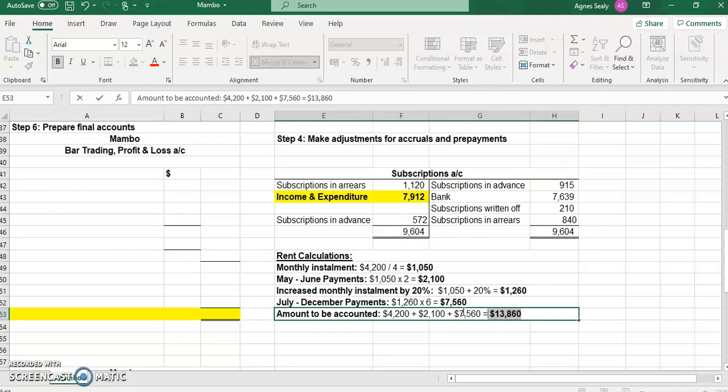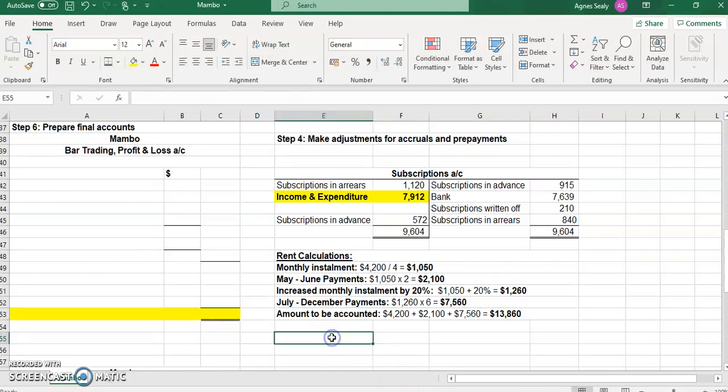The question stated that the organization paid $10,000 in rent during the financial year. So if they paid out $10,000 and only $9,660 is covered for May to December, it means there's extra going forward into the next financial year as a prepayment.